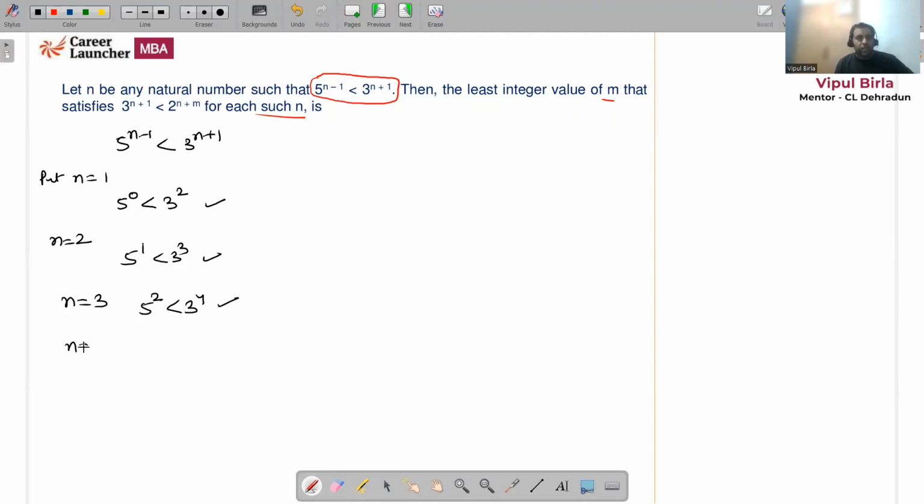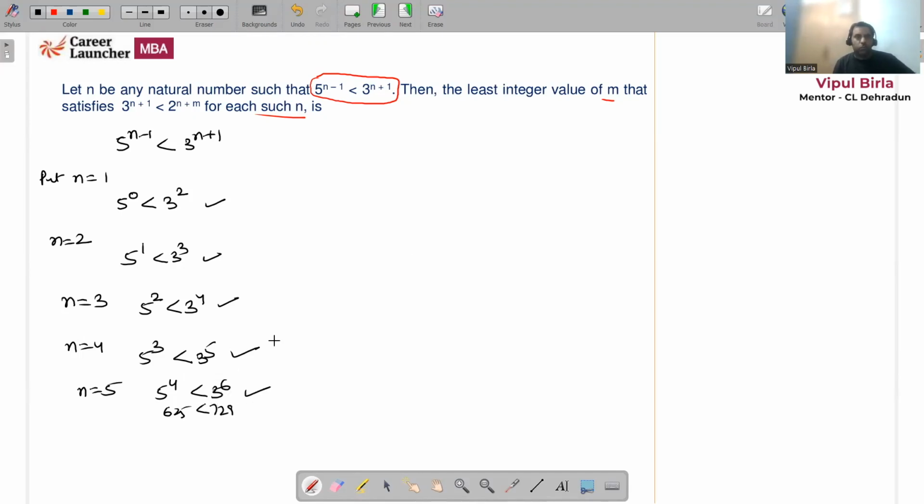For n equals 4, 5 cube is less than 3 to the power 5. 3 to the power 5 is 243, and this is 125. Yes, it is also true. For n equals 5, it becomes 5 to the power 4 less than 3 to the power 6. 5 to the power 4 is 625, and 3 to the power 6 is 27 cube, which is 729.